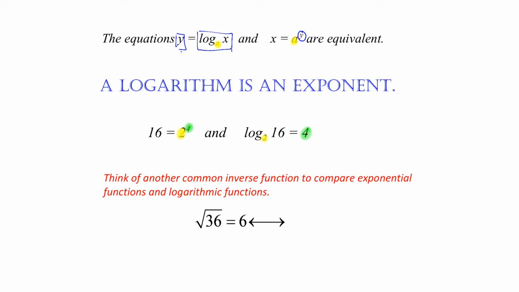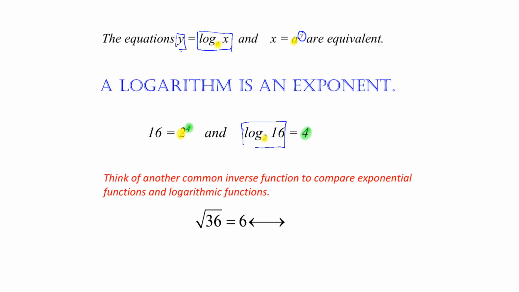So 16 equals 2 raised to the 4th power is equivalent to log base 2 of 16 is equal to 4. A logarithm is an exponent. So once again, you can see that this whole thing is equal to the exponent of 4.